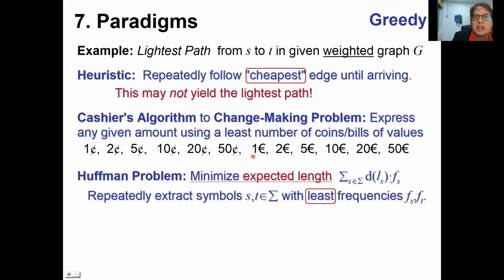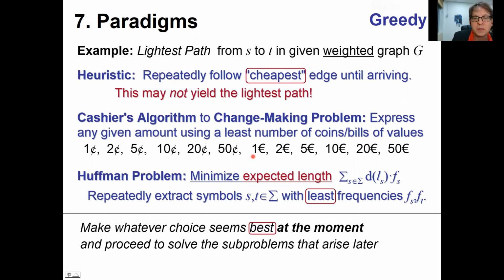Like the cheapest edge in the graph problem, the largest currency in the cashier's change-making problem, symbols of least frequencies in the Huffman problem, but only in the last 2 cases, these greedy algorithms actually yield the optimal solution, which indicates that only certain problems allow for greedy algorithms.